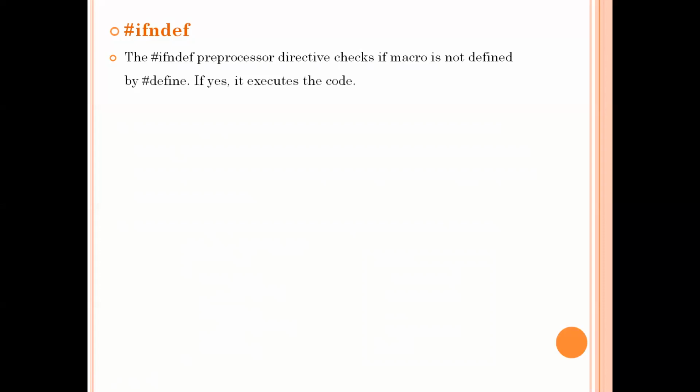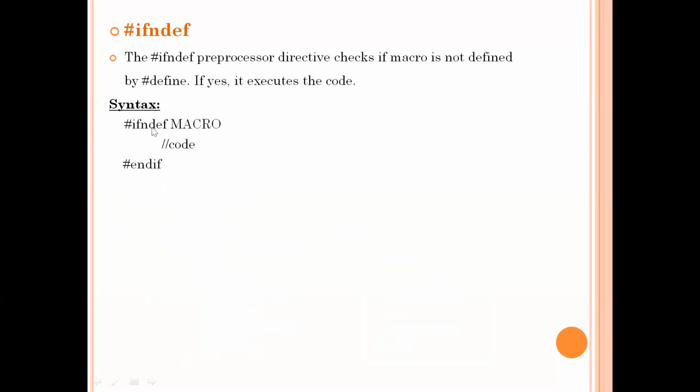Suppose for that macro the definition is defined by using the #define directive, then that particular #ifndef block will not be executed. See the syntax for #ifndef. See here, #ifndef macro. What is the meaning of ifndef?